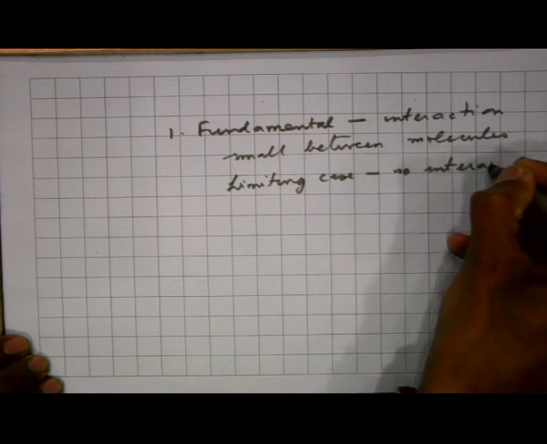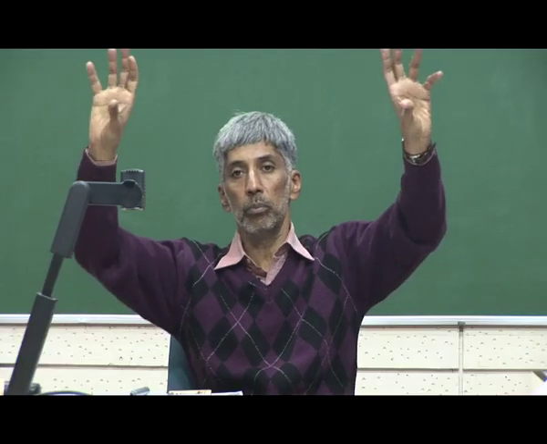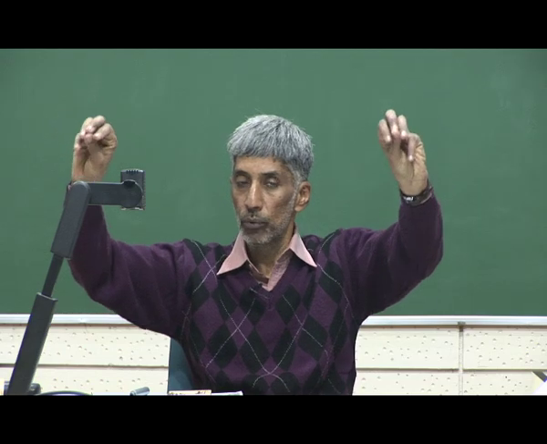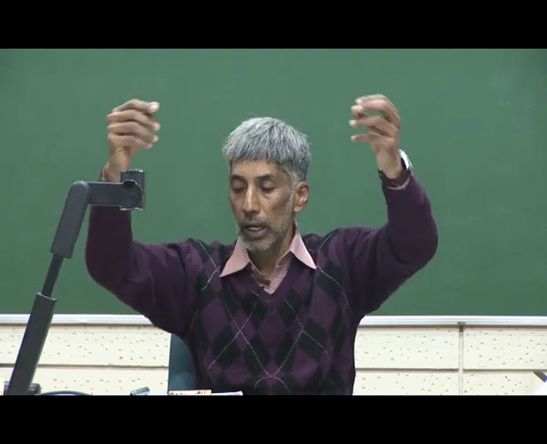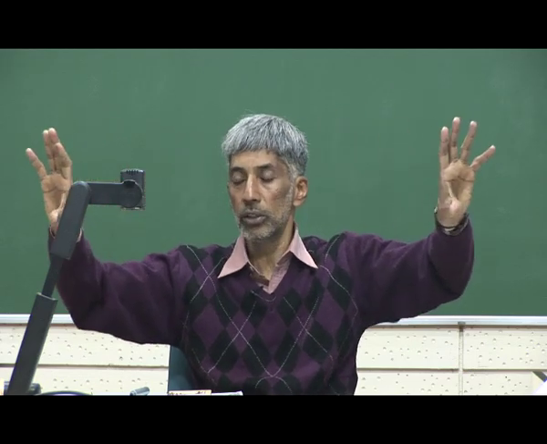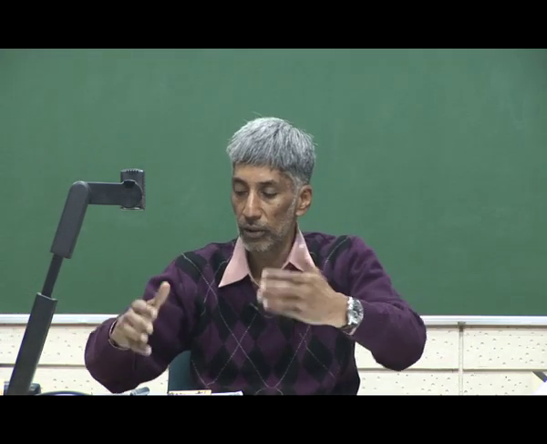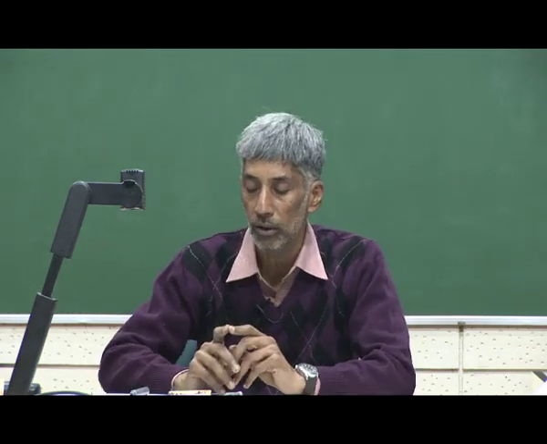So, if we took gases, we already know that the intermolecular interaction between particles in a gas is small, and we are saying that we can take an ideal situation where there is absolutely no interaction between particles in the gas, and that makes our life very simple. So, now we have got an ideal model system with no intermolecular interaction.